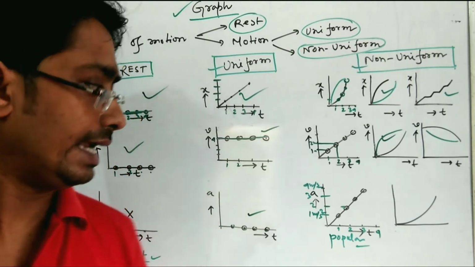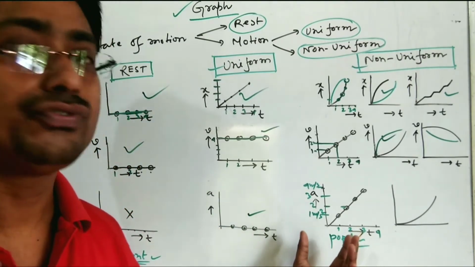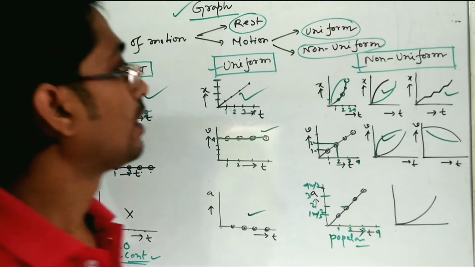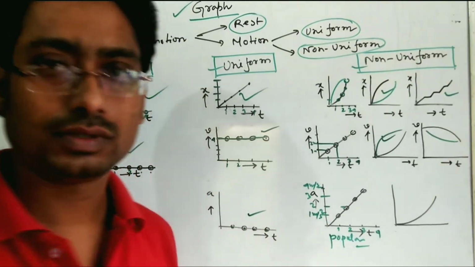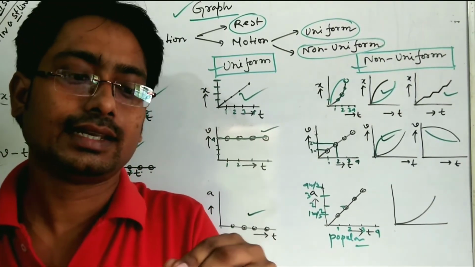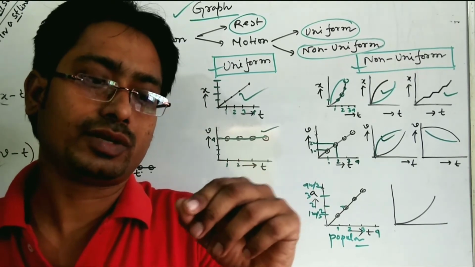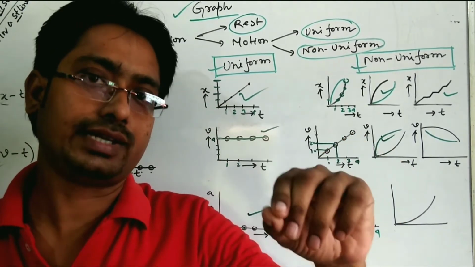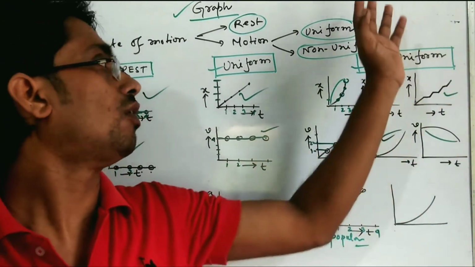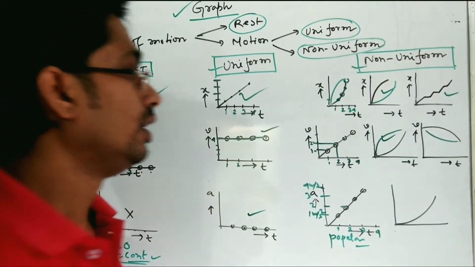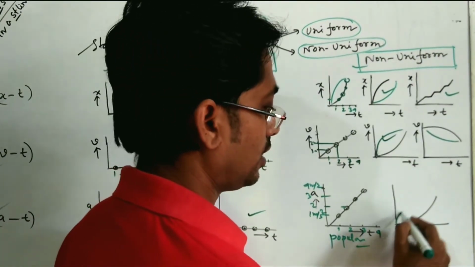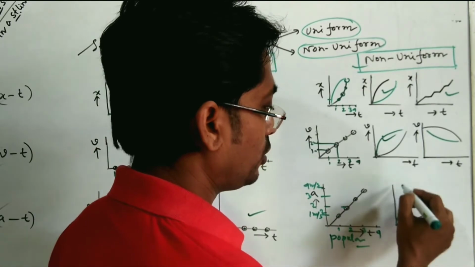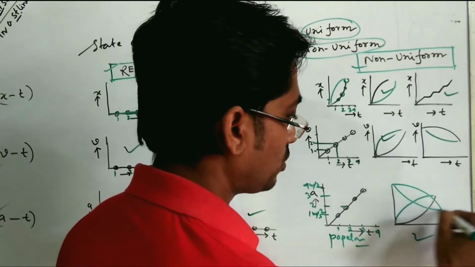That means it is under uniform acceleration. Okay. Where there is acceleration, in each interval of time the body displacement or distance covered will be different. So obviously it will be non-uniform motion. This type will also be non-uniform motion, and if we draw here, it will also be, here it will also be.